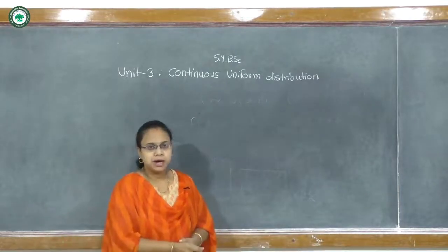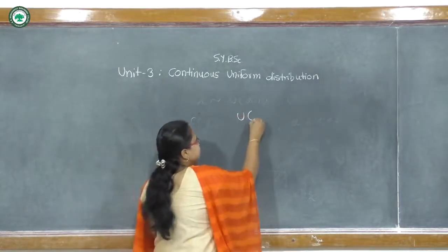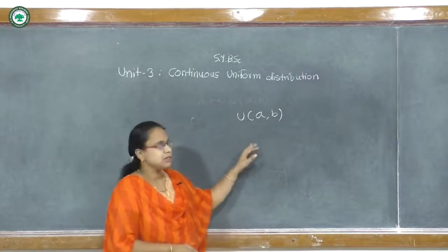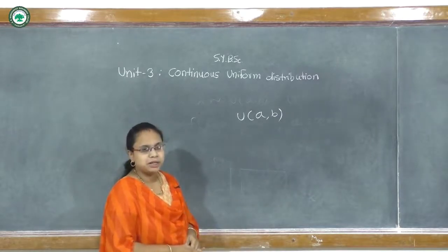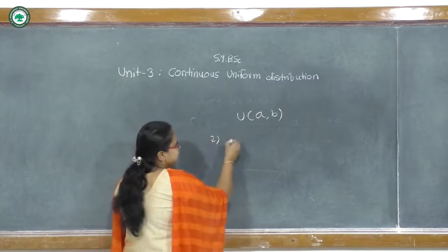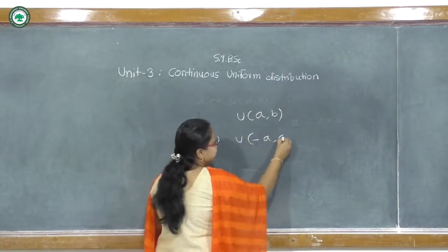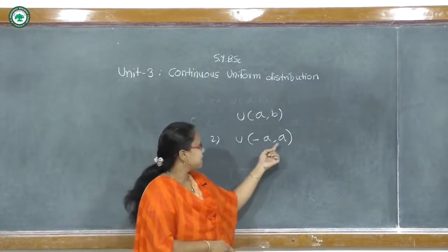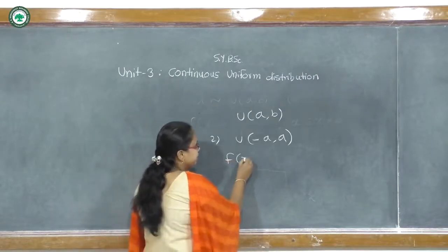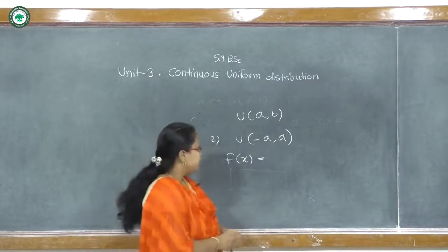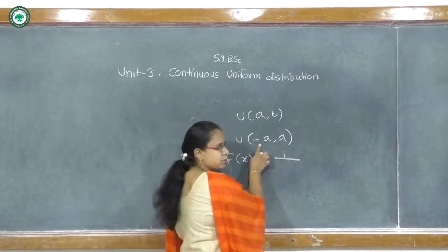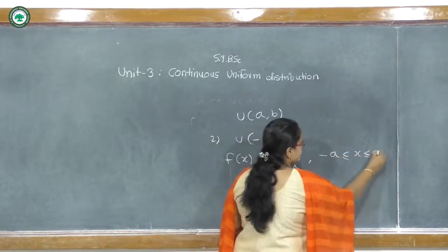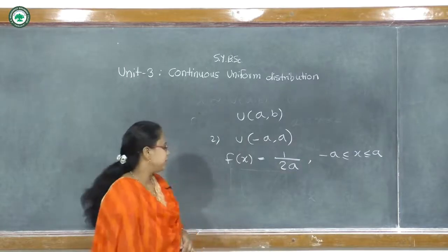There are some remarks. This uniform distribution lies between A to B and it has a flat curve nature. This is the first remark. The second is for uniform minus A to A, meaning we can change these parameters. Its PDF will be 1 upon upper limit minus lower limit, so it is 1 upon 2A, and here we can write the range.